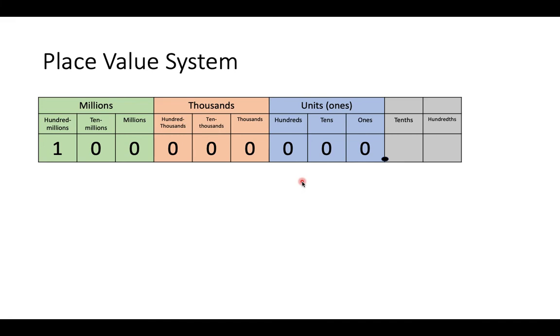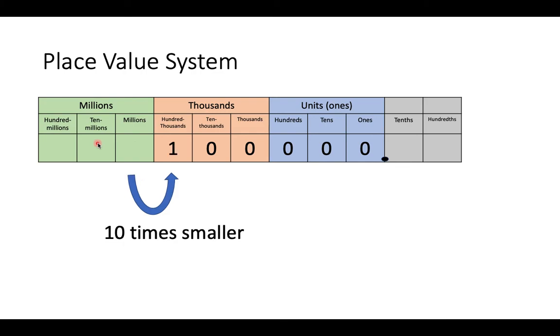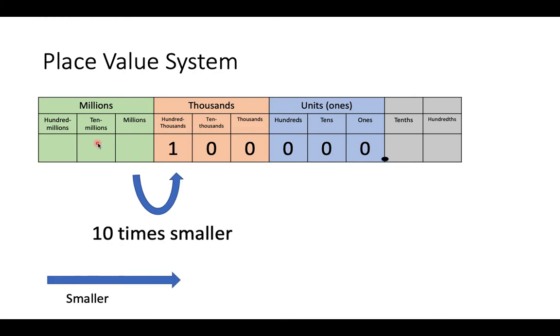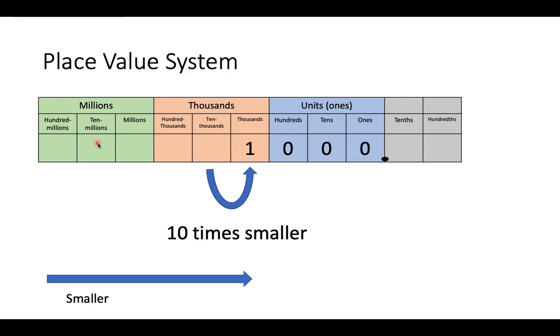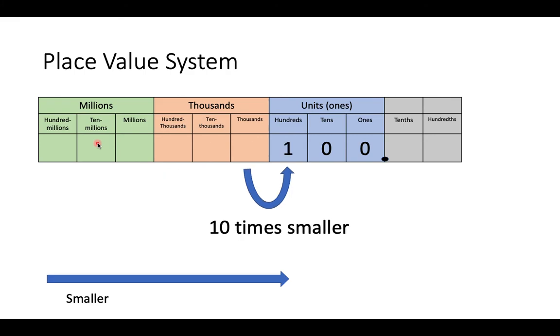The next thing I need you to understand is that as we move to the right, we are getting 10 times smaller. I moved the 1 here, that's 10 times smaller, and 10 times smaller, and 10 times smaller, and 10 times smaller, and smaller, and smaller. There we're at the 100 level, and that's what this looks like. That's a 1/100 piece.